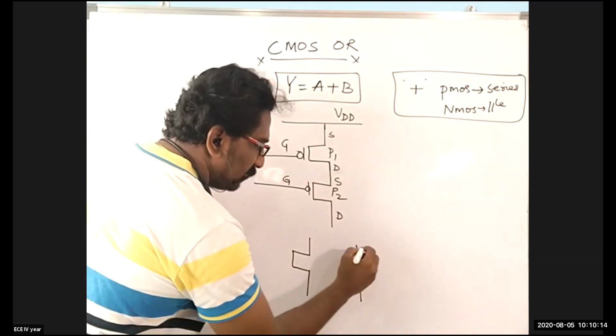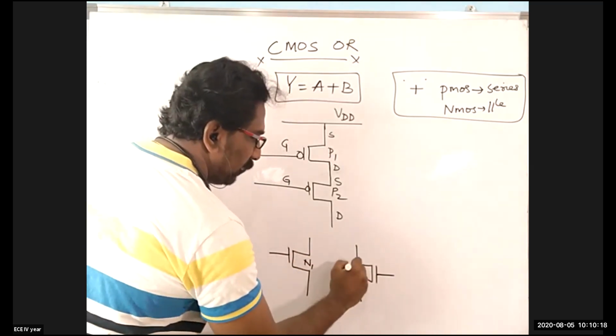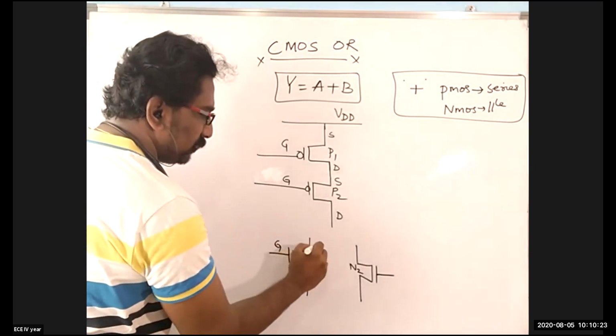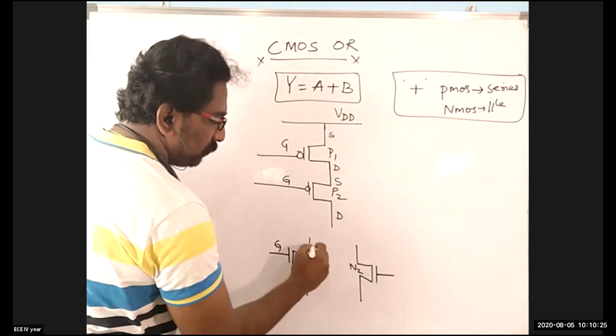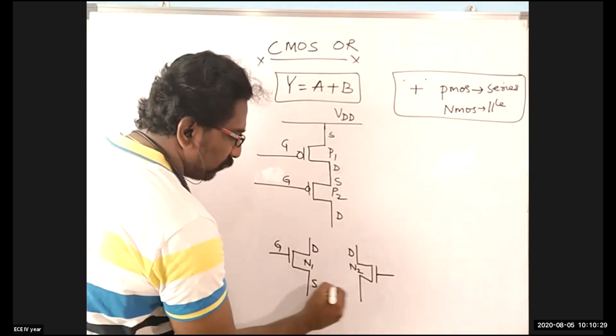These are N1 and N2, with the gate of N1, the drain of N1 and N2, and the source of N1 and N2.